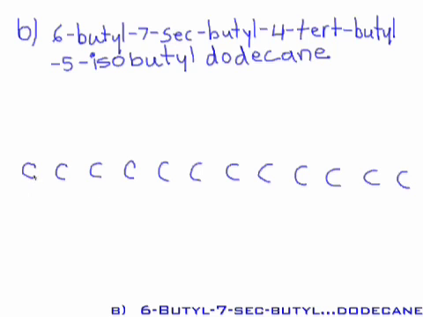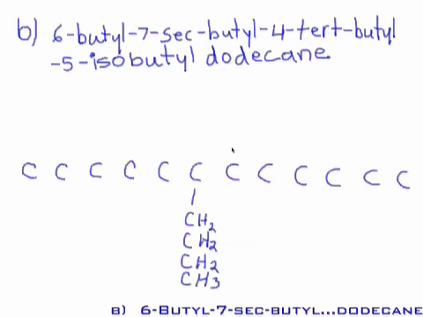Off of carbon 6, I have a butyl. 1, 2, 3, 4, 5, 6. So I'm going to put a butyl here. CH2, CH2, CH2, and a CH3. There is a butyl group.